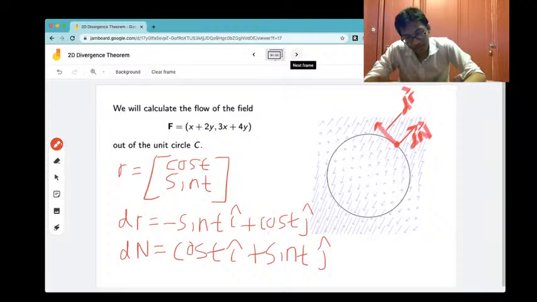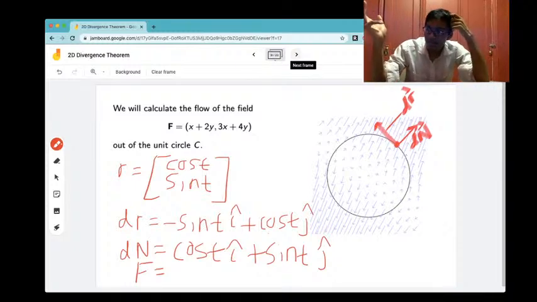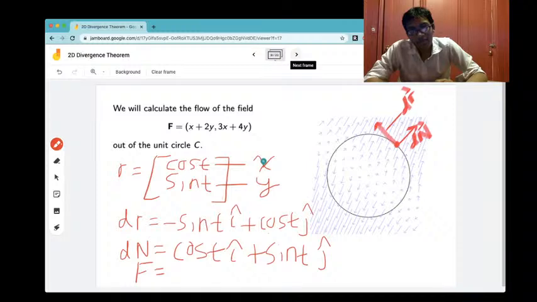Let's say x is cosine t and y is sine t. Then x plus 2y becomes cosine of t plus 2 sine of t or whatnot. It doesn't really matter. I'm going to just go ahead and replace every x and y with that.